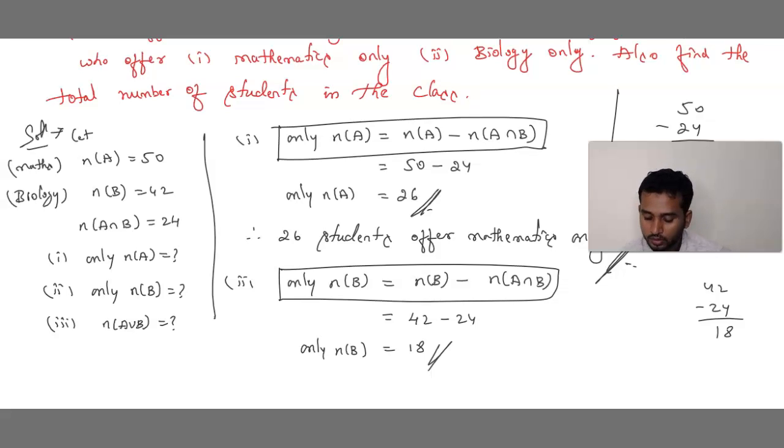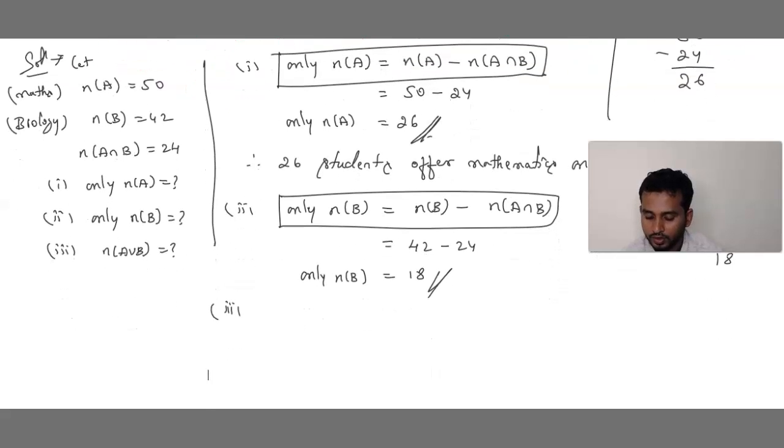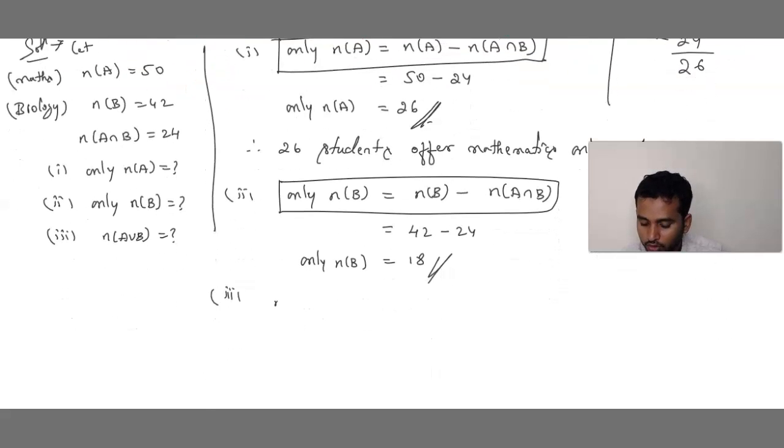Done? Now, third case, what we should find? We should find total, right? So n of A union B, we have two cases. First thing is only n of A plus n of A intersection B plus only n of B. You can add all the three.